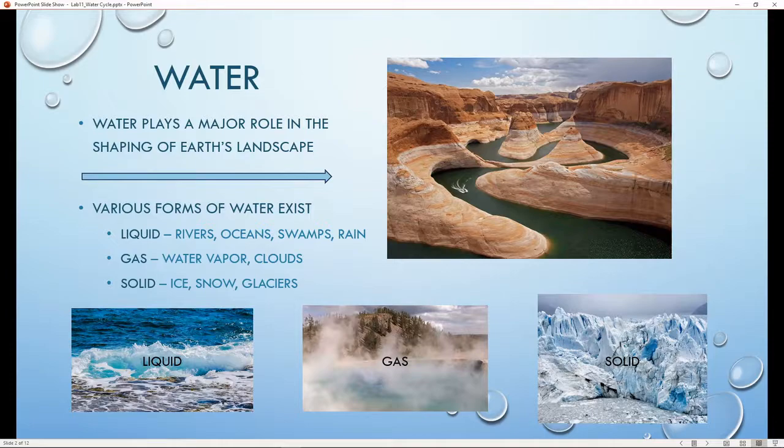So that picture in the top right here, you see this river cutting through all these different layers of rock. On a short time frame, you may not notice all these little differences, but on a geologic time scale, water can massively shape entire environments and landscapes.